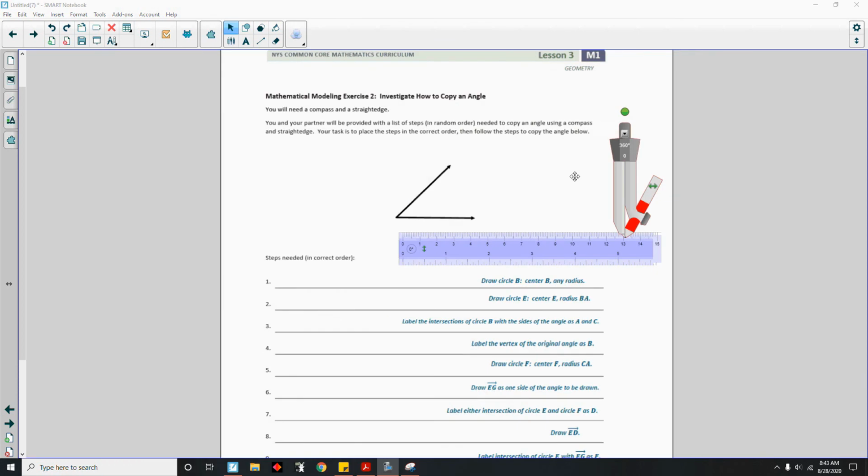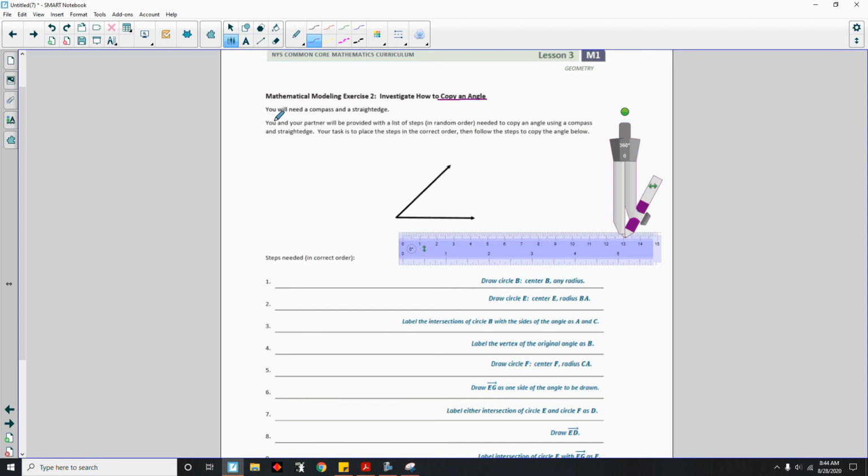Okay, page 5 brings us to mathematical modeling exercise 2, investigate how to copy an angle. Okay, so right there, we are not bisecting anymore. This is something new. We're copying an angle. So you will need a compass and a straight edge.